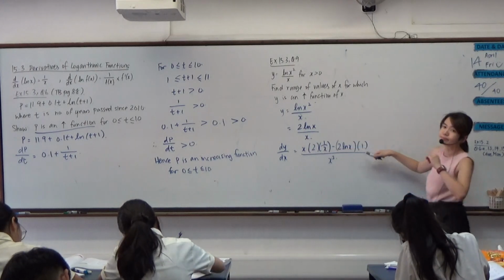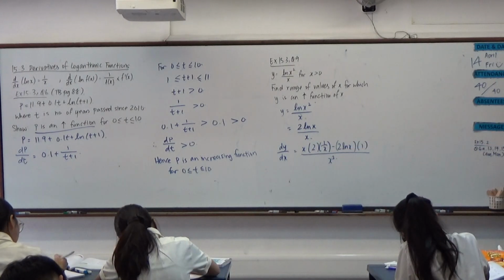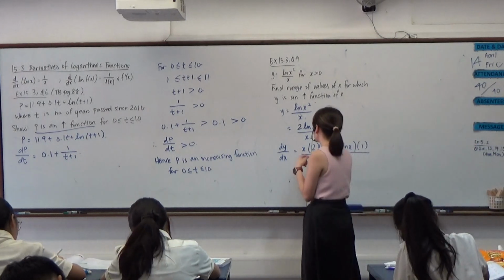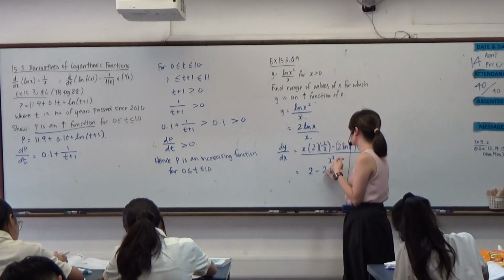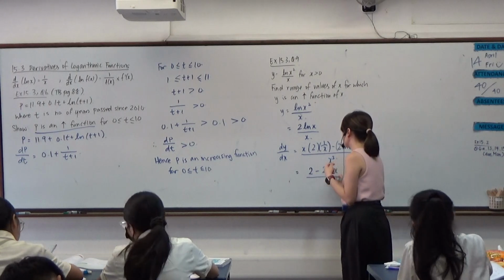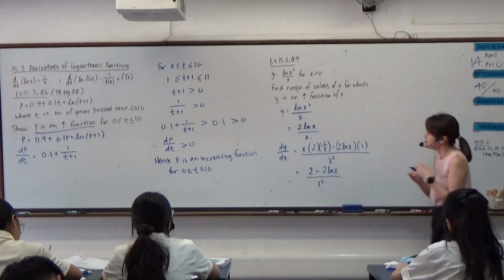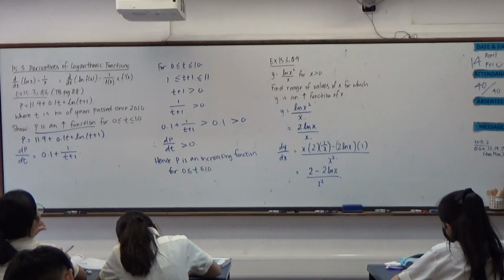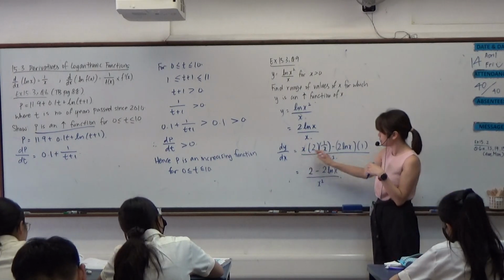Then we will have 2 minus 2 log x over x squared, because the x actually cancels out here.